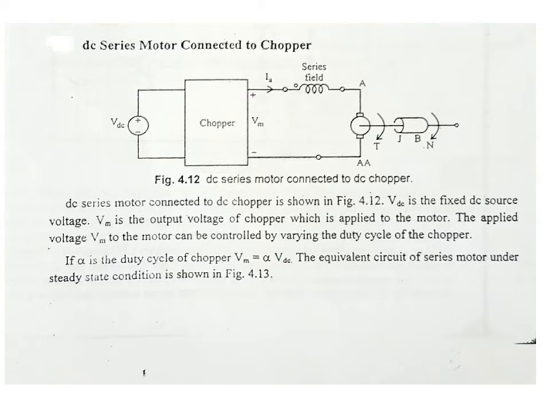So already we know that the chopper is nothing but a converter which converts fixed DC to variable DC value. So before going to start our lecture, just remind yourself what is a chopper circuit, what are the different types of chopper circuits, and how the chopper circuit will vary the voltage.